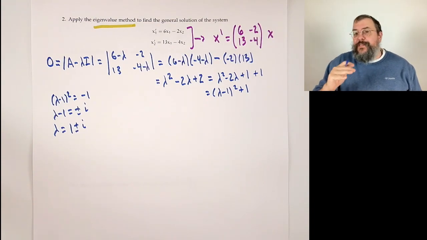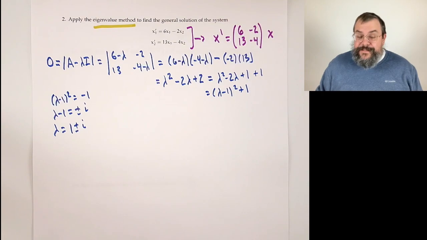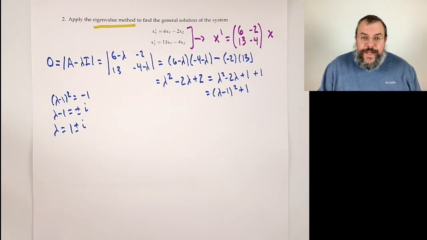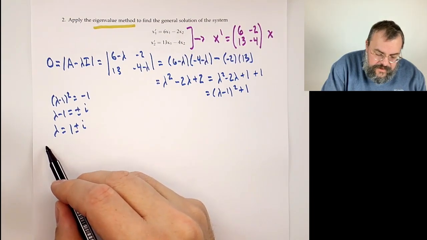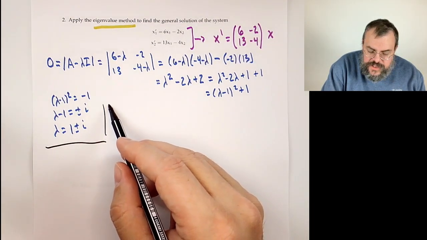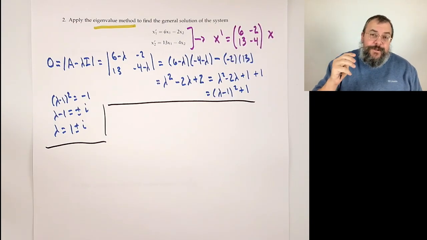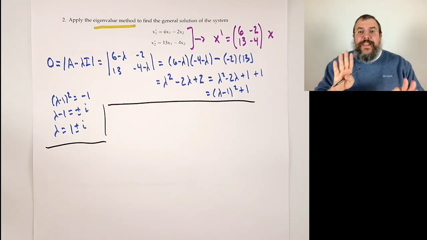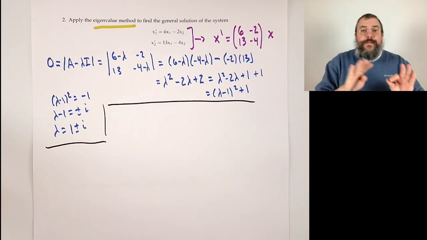But eigenvalue method doesn't mean just eigenvalues. It really says, hey, you've got to find the eigenvectors as well. Okay, so let's do that next. Now the nice thing is if you have complex roots, you only have to find one eigenvector. The reason that happens is they come in pairs. And we've already seen that there's a pair here, right? 1 plus i, 1 minus i.